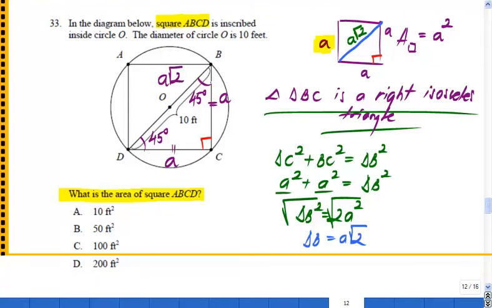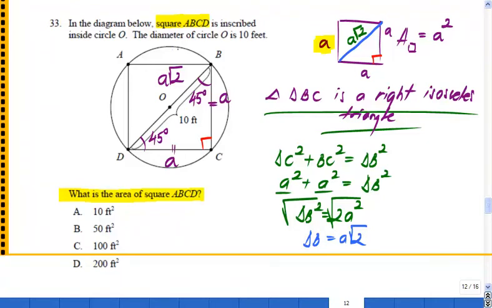Side square root 2, whatever the side of my square is. We're trying to find the side, because if you know the side, then the area of the square will be just that side squared, right?